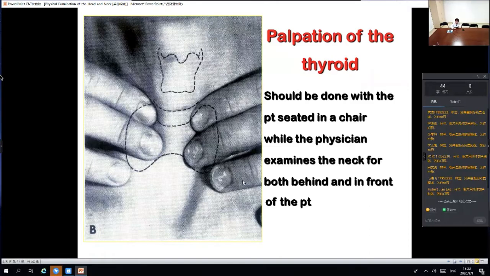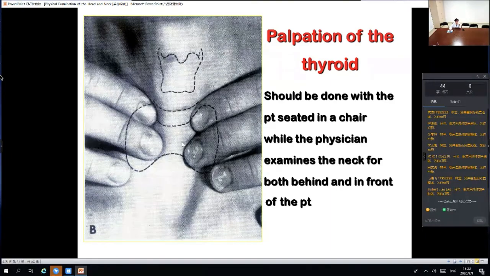So you have two different methods to do the palpation of the thyroid gland, from behind the patient or from in front of the patient. And as we remember, the anatomy markings here are the larynx, the tracheal rings, and the lateral lobes of the thyroid gland and the isthmus.